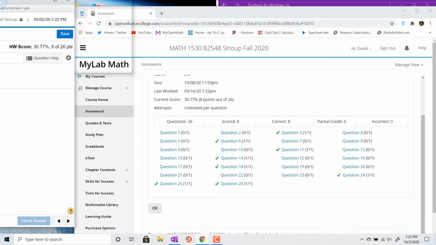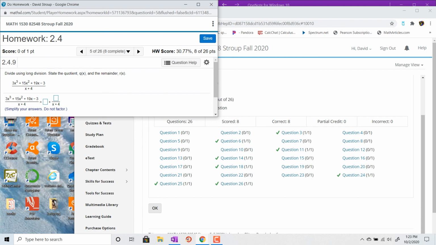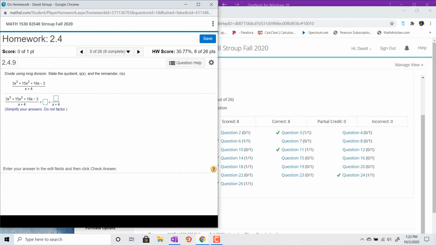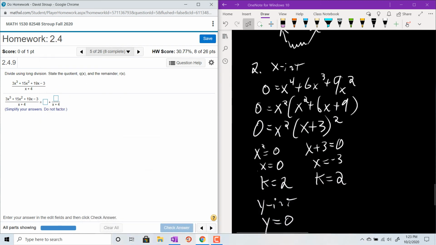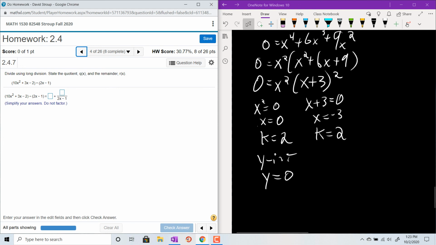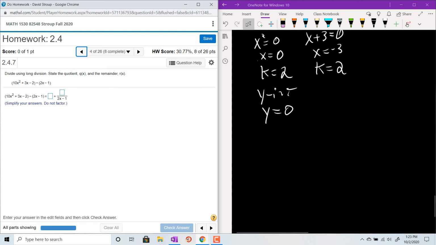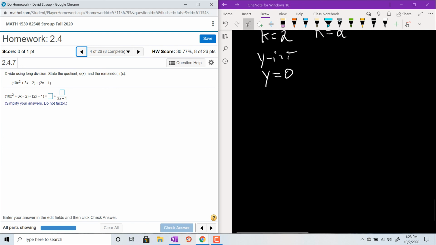So let's try this guy. Clearly, if you can do synthetic division instead of long division, you might want to do that. Sometimes it's not allowed, right? Like here, you wouldn't be able to do synthetic division. So let's try this guy.